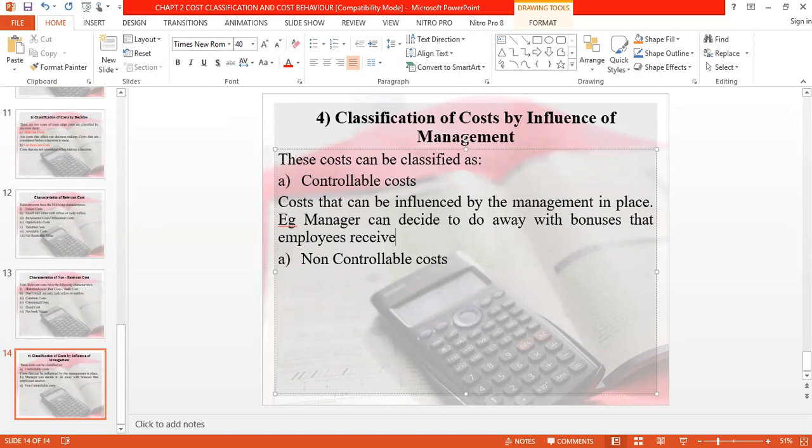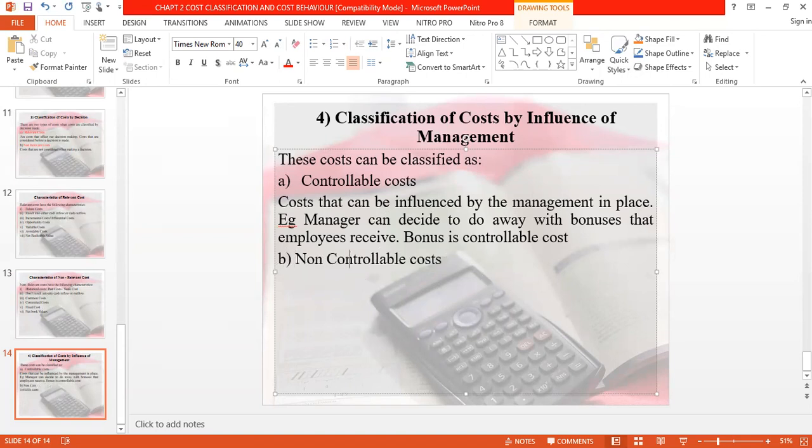In that case, we will say a bonus is a controllable cost. Bonus is therefore an example of controllable costs.